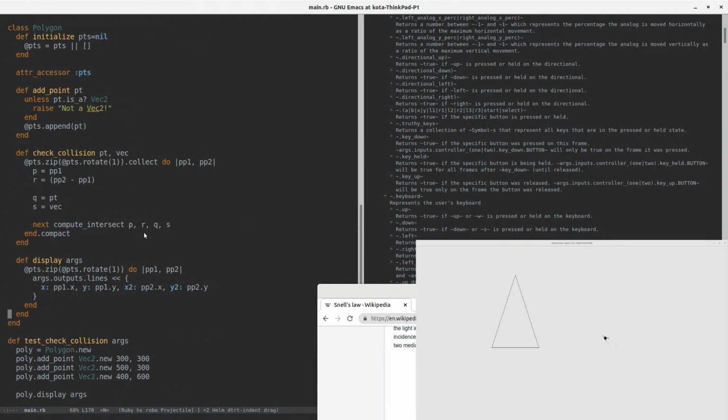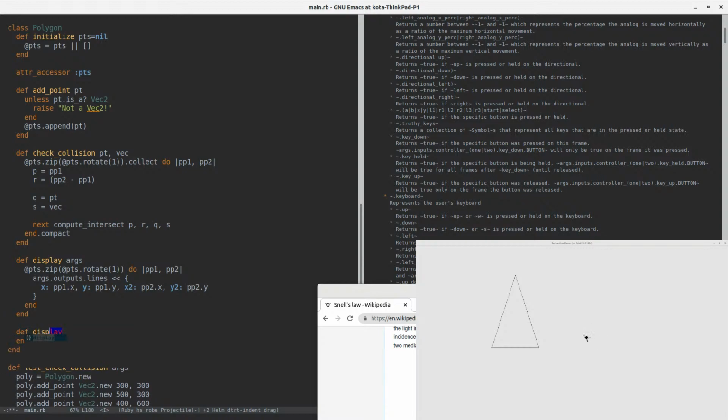And we will have a display debug def, and again, not performant.